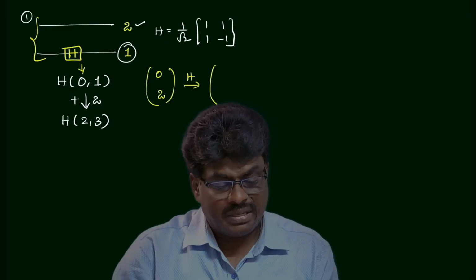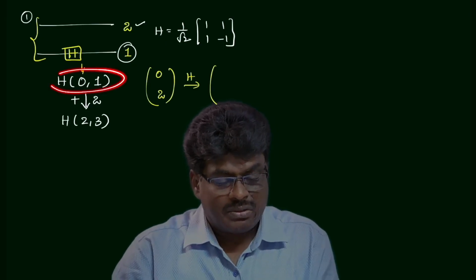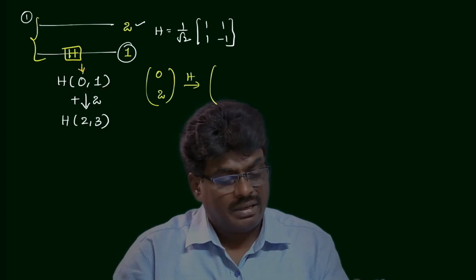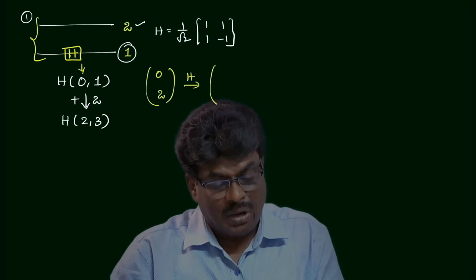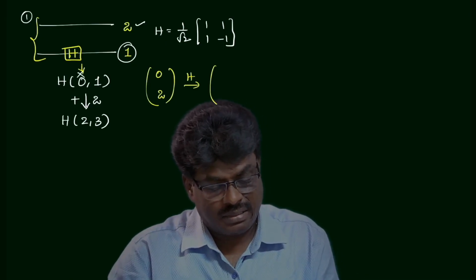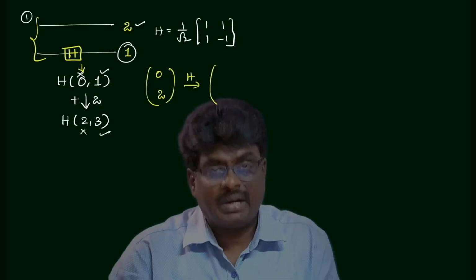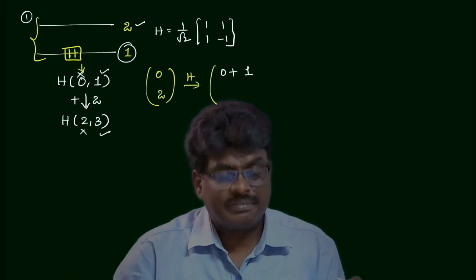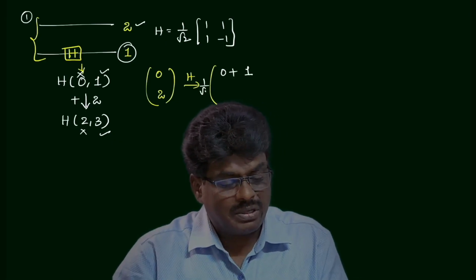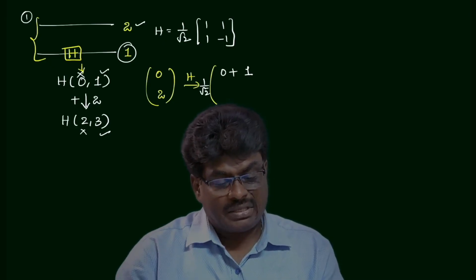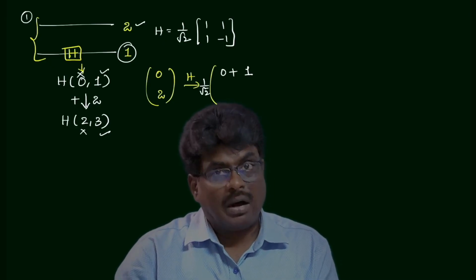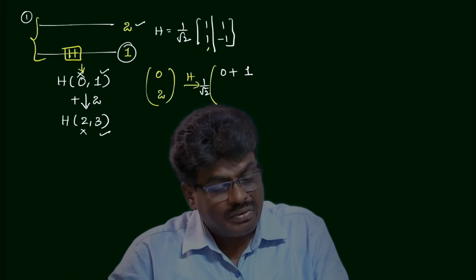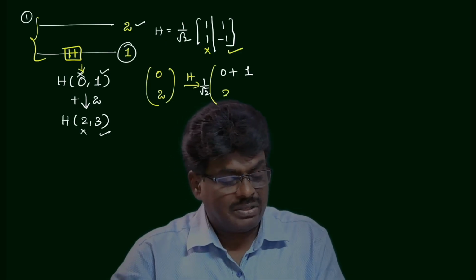So 0 is here, okay, so it creates a superposition of 0 and 1, right? And now this is off state, this is off state, and this 1 and 3 are in on state. So that's why 0 plus 1. 1 over root 2 is outside, no need to get tension. Next 2, this is also off state, that's why here I have to use the first column, that is 2 plus 3.